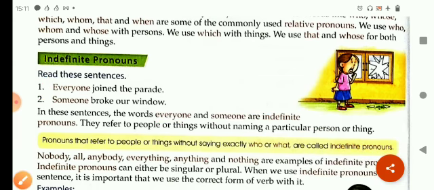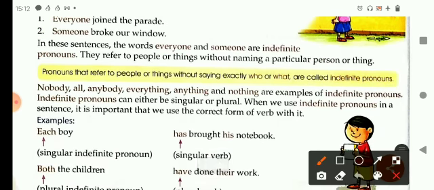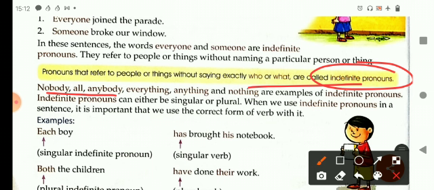Pronouns that refer to people or things without saying exactly who or what are called indefinite pronouns. Some more indefinite pronouns are nobody, all, anybody, everything, anything, nothing. These are examples of indefinite pronouns.